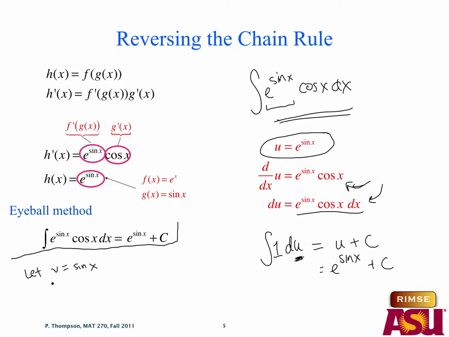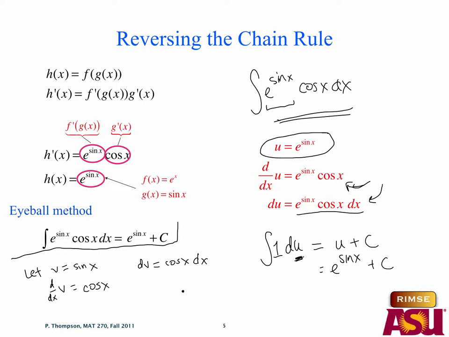Okay. Then what's the derivative of v with respect to x? Cosine x, right? And so if I interpret this meaning, this means that little changes in v are computed by doing the rate times little changes in x. Do you see it?